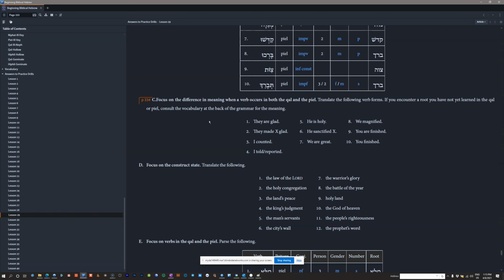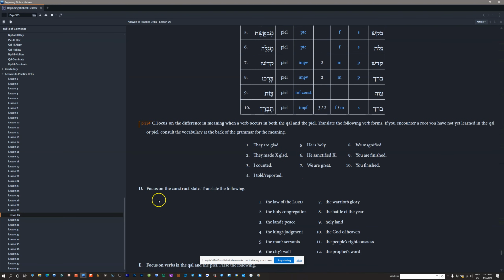Hifil for eat would be they made him eat. The PL has the causative for stative verbs. So if Gadol is he was great, then the PL form, Giddel, might be they made him great. Something like that. All right. So that's going to help you pull out the difference in the nuance between one or the other.